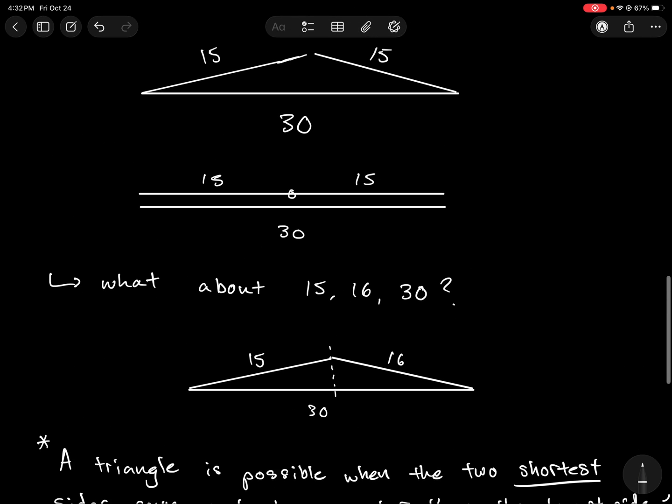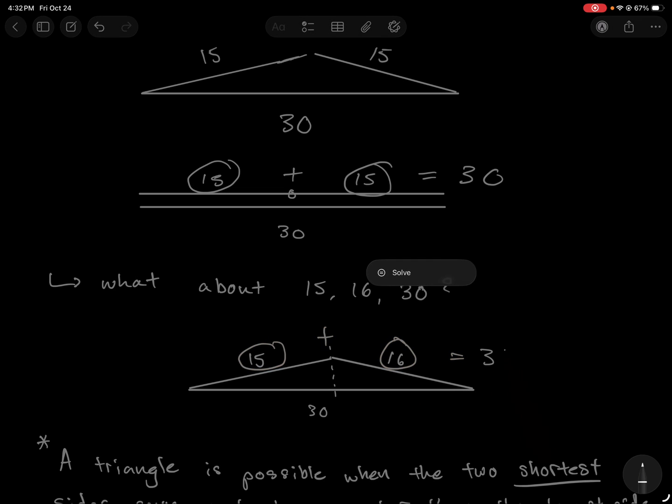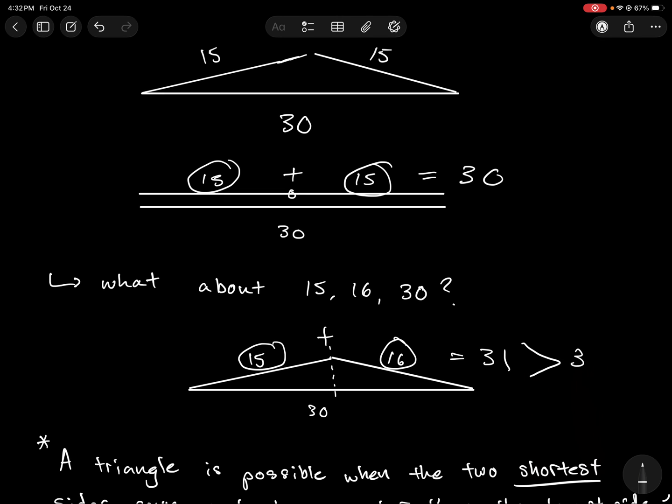So here we had 15, 15. If we add these together, that gives me 30, which doesn't work. But here we have 15 plus 16, which gives me 31. And this 31 is greater than 30. So this is where a triangle is possible.